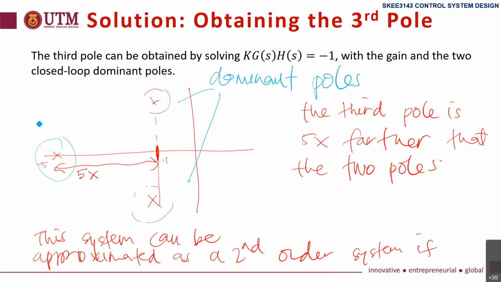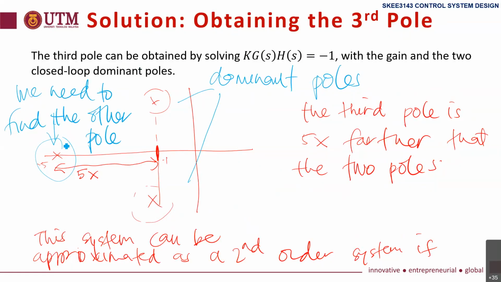Therefore, to validate whether the system can be approximated or not, we need to find the third pole, so that we can know the distance between the dominant poles and the other pole.